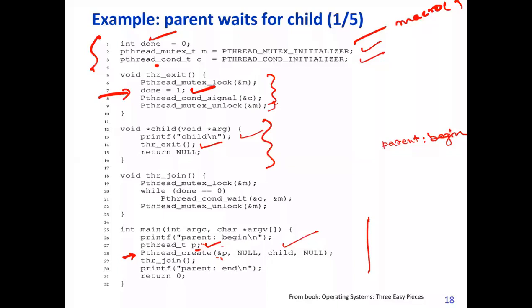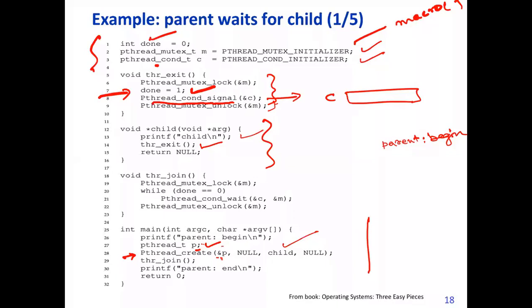So don't worry about it, we'll come to that later. And when the child is done, it will use the call pthread_cond_signal, and it will signal on the condition c. If the parent is sleeping, then it will wake it up.